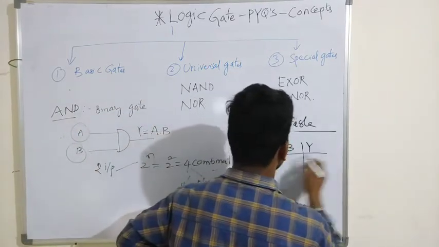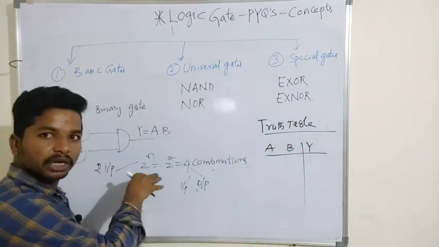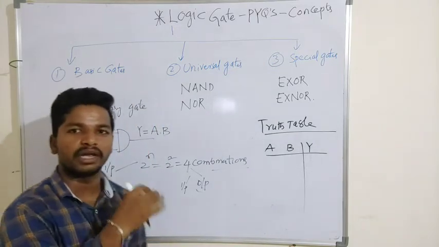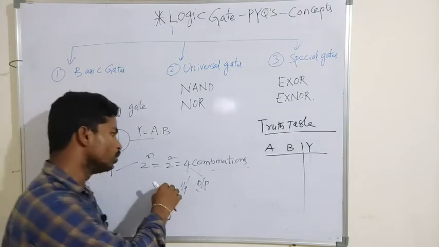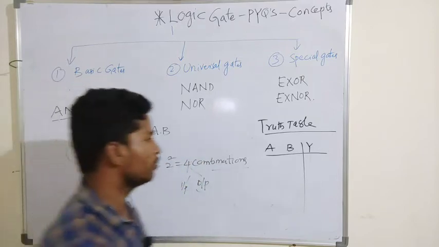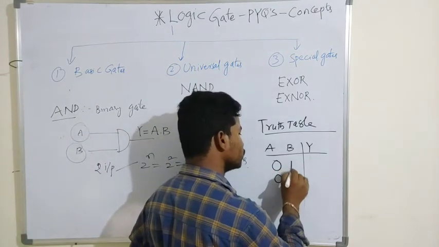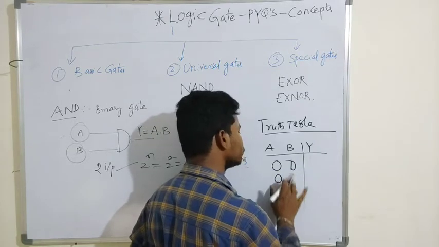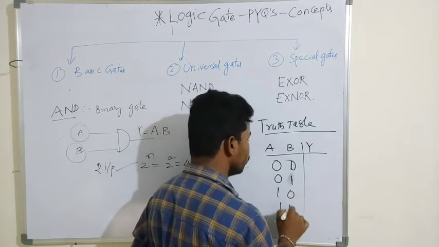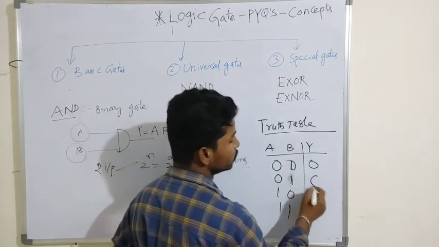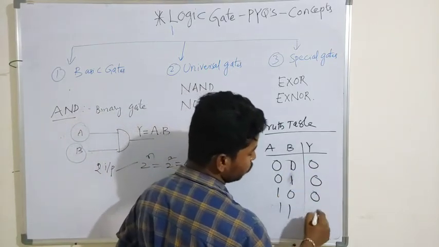Because of two inputs, we have 2 to the power of 2, so four combinations are possible: 0 0, 0 1, 1 0, 1 1. So 0 into 0 is 0, 0 into 1 is 0, 1 into 0 is 0, 1 into 1 is 1.